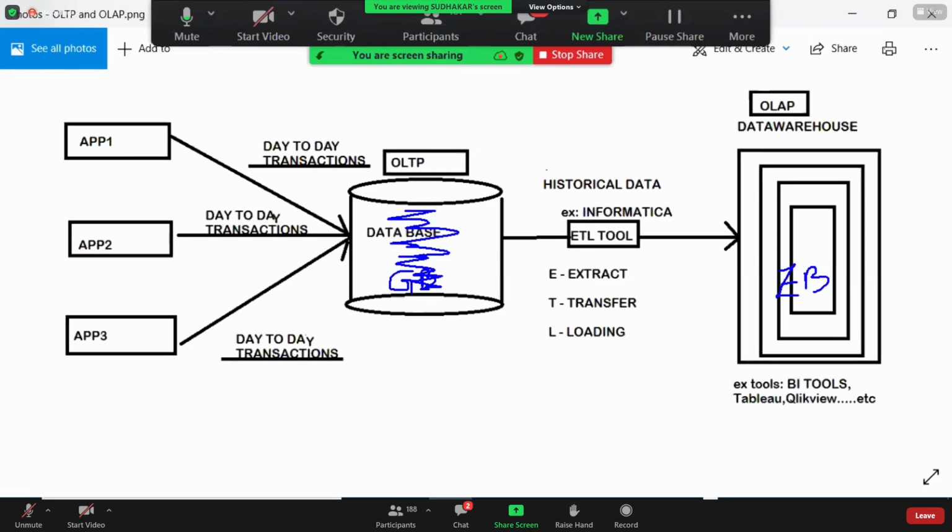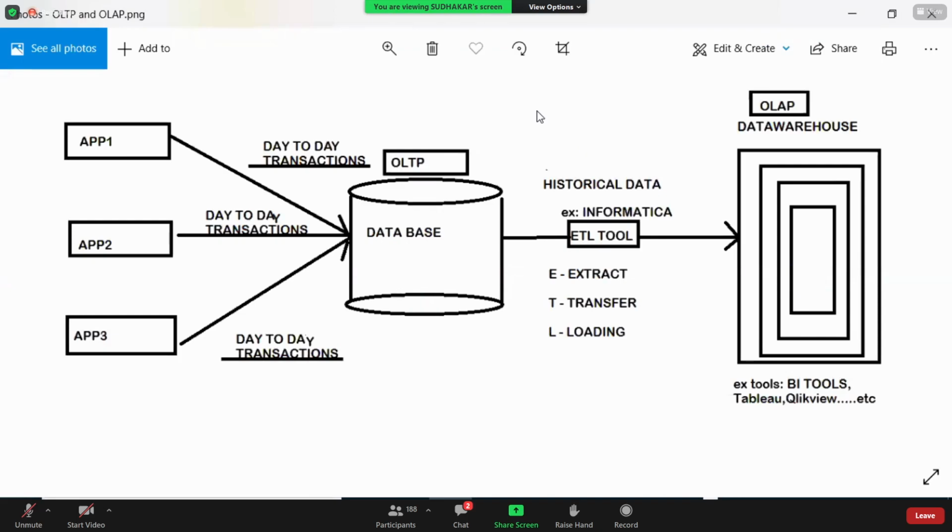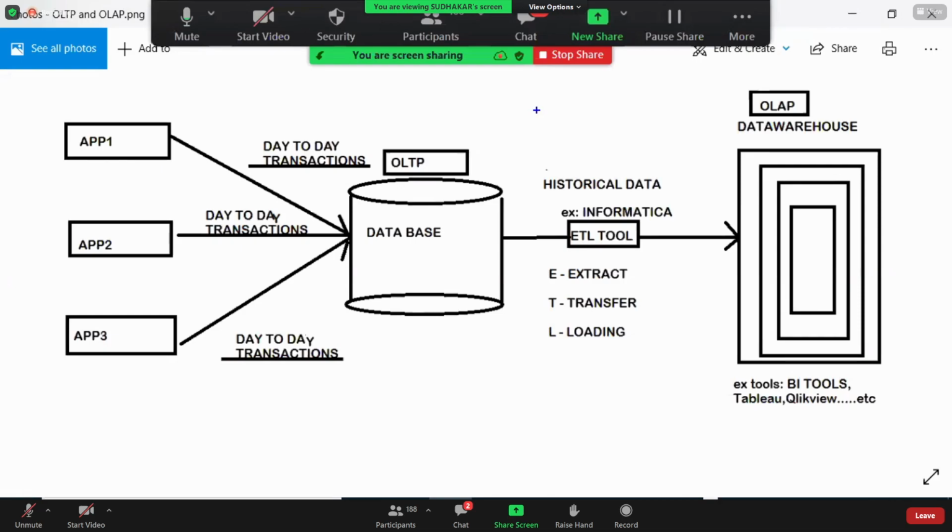Then what is going to happen? So the industry people face this kind of problem. That's the reason every company follows some database patterns. They use ETL tools, and one of the best tools in the market nowadays is Informatica.